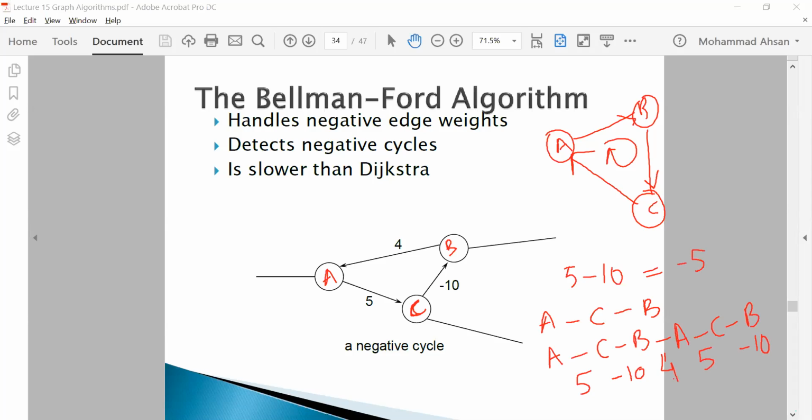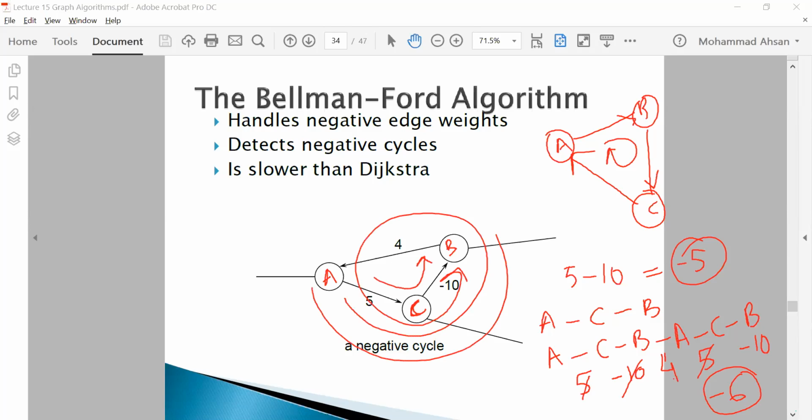So if you add these, the 10 and 10 cancel out, and you get minus 6. So technically minus 6 is less than minus 5. So initially I did this, then the second time I did this. Third time, if I do 1, 2, and 3 cycles, every time I will reduce my weight.